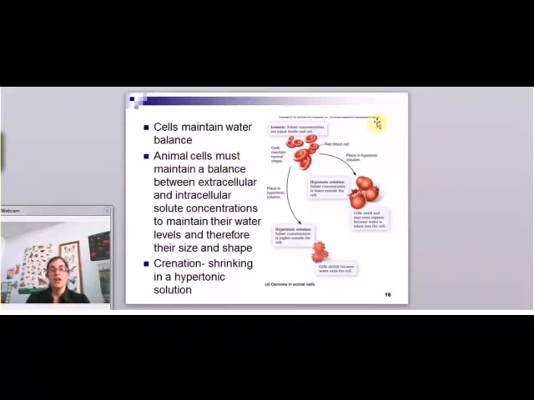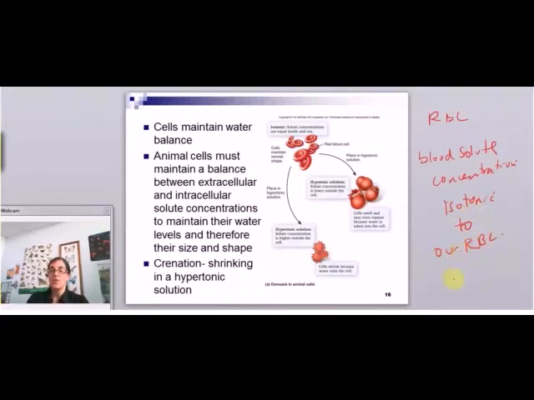Depending on the type of cell, it will be really sensitive to its environment as far as water goes. In an animal like us, our red blood cells are very sensitive to the concentration of solutes. And so our blood has to be very carefully maintained at a solute concentration that is isotonic to our red blood cells.